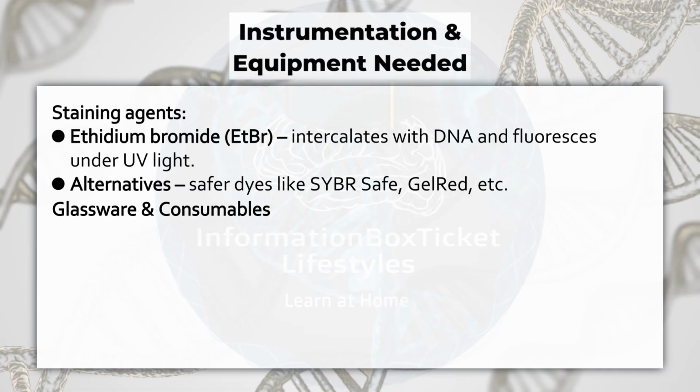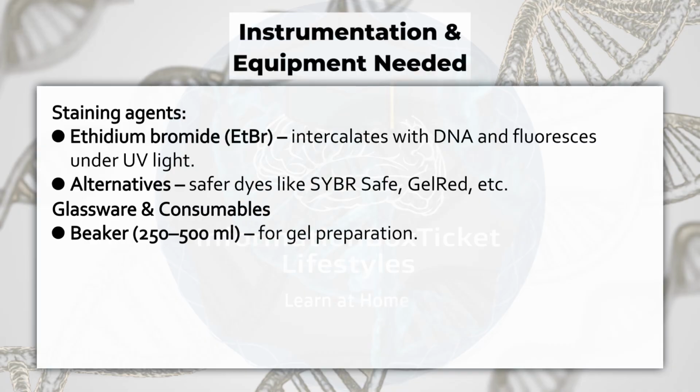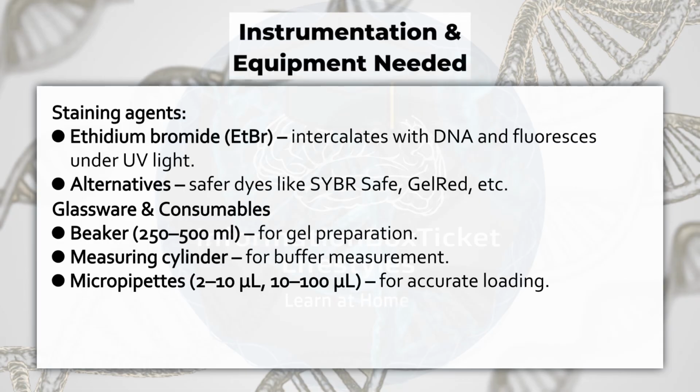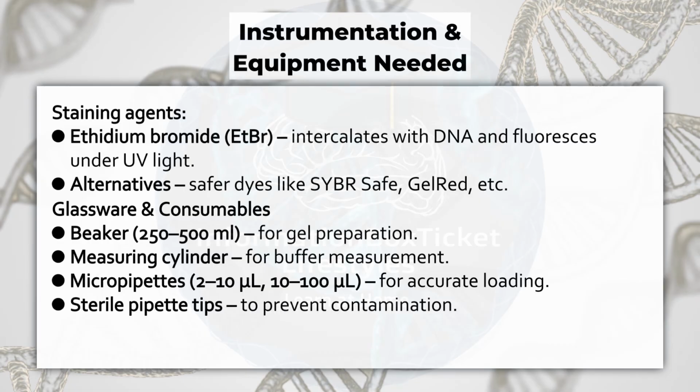Glassware and consumables. Beaker, 250 to 500 milliliters, for gel preparation. Measuring cylinder, for buffer measurement. Micropipettes, 2 to 10 microliters and 10 to 100 microliters, for accurate loading. Sterile pipette tips, to prevent contamination.